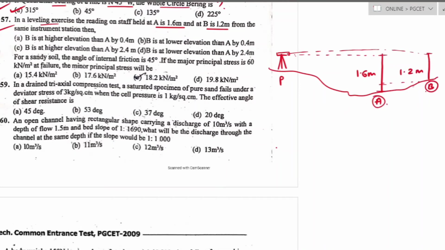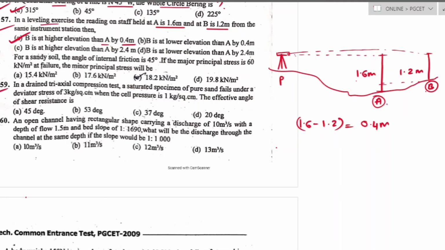Now you can observe here, the staff held at position B is of greater elevation than staff held at position A by a difference of 1.6 minus 1.2, that is 0.4 meter. So staff held at B is at higher elevation than staff held at A by 0.4 meter. So option A is the right answer.